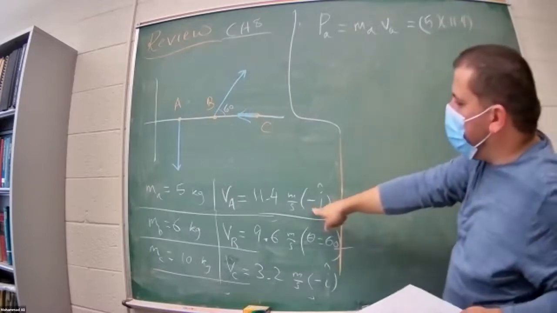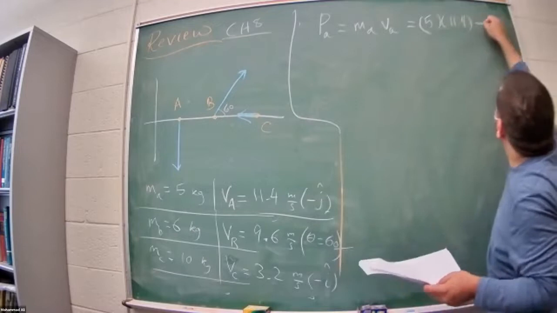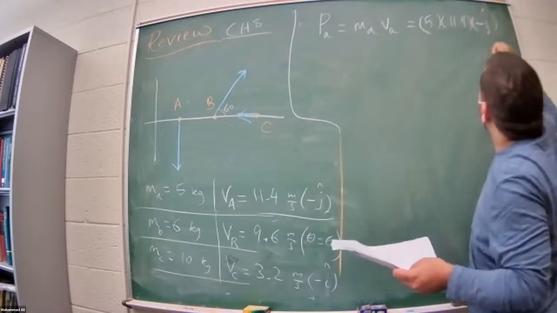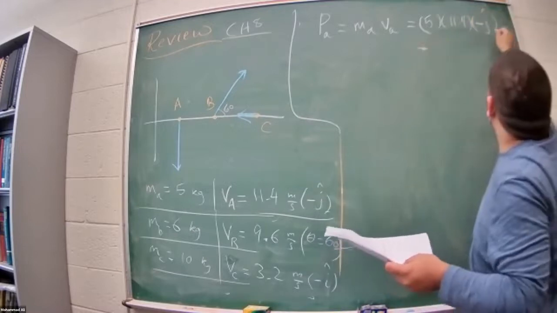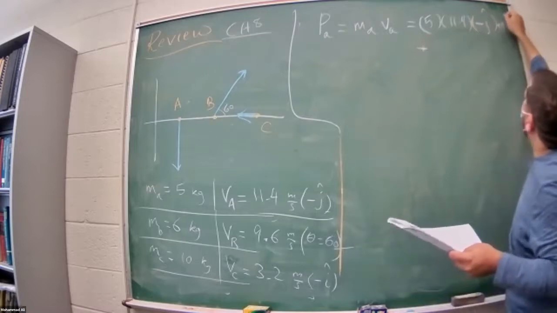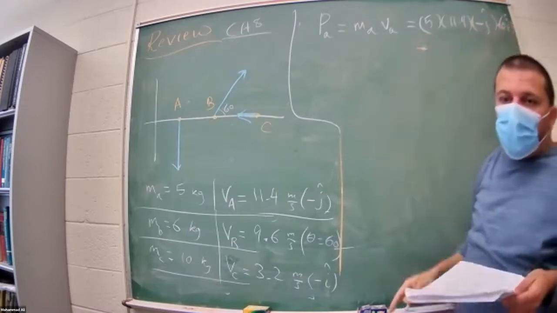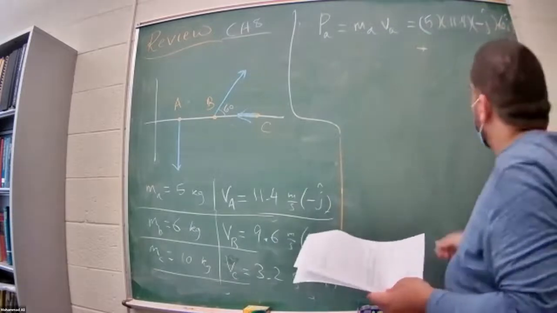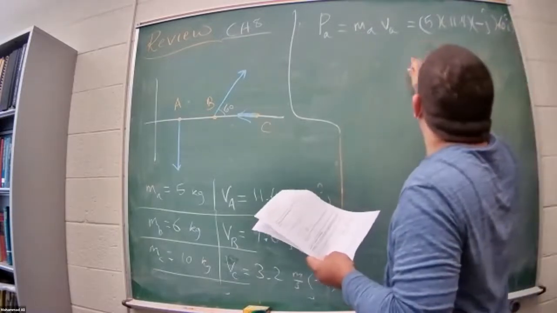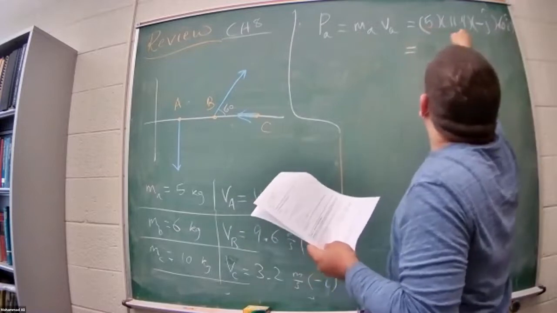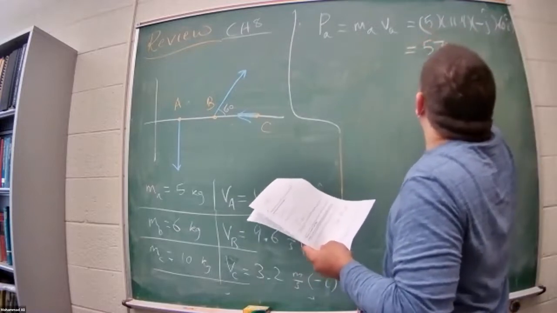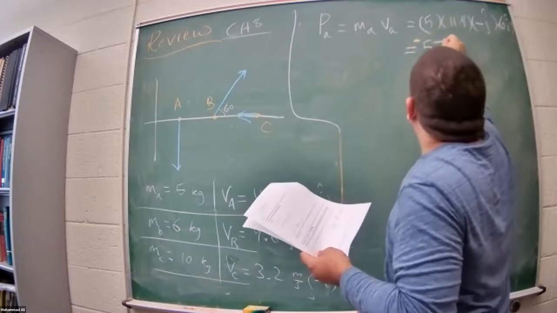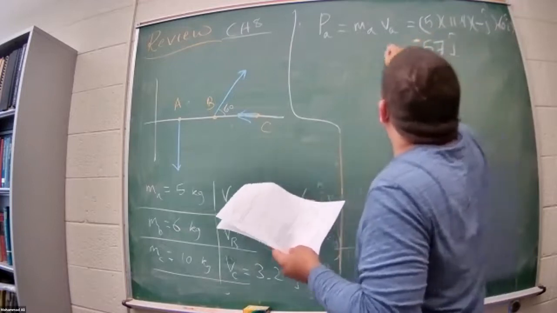It is in negative J hat plus 0 I hat. We don't have any momentum component in I direction. This will be equal to 2.557 with negative sign J hat. That's it.